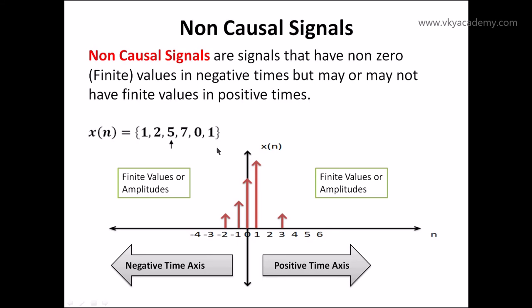The same set of samples is given here, but this time the pointer is at 5. So we have some samples on the negative time axis but we also have some samples on the positive time axis. So this particular signal is called a non-causal signal. But we can't say this signal is an anti-causal signal because we have some samples on the positive time axis also.